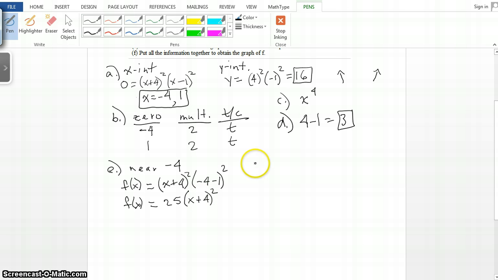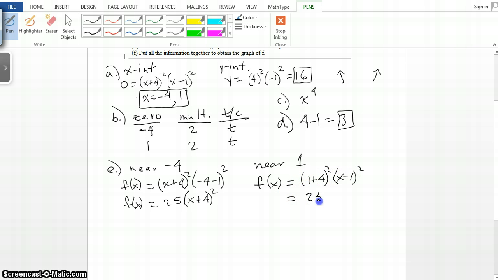Alright, let's do it near 1. We'll do the same thing, f of x. We want to plug it in that doesn't zero it out, so we're going to plug it in this side, a 1. So I'll have 1 plus 4, that quantity squared, times the x minus 1 squared. 1 plus 4 gives you 5.